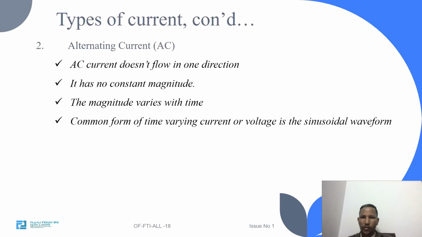When it comes to alternating current, the AC current does not flow in one direction. That means with time, the direction of the current changes, and it has no constant magnitude. The magnitude varies with time, and we have different forms of alternating currents, but most of the time we are going to use the sinusoidal waveform.